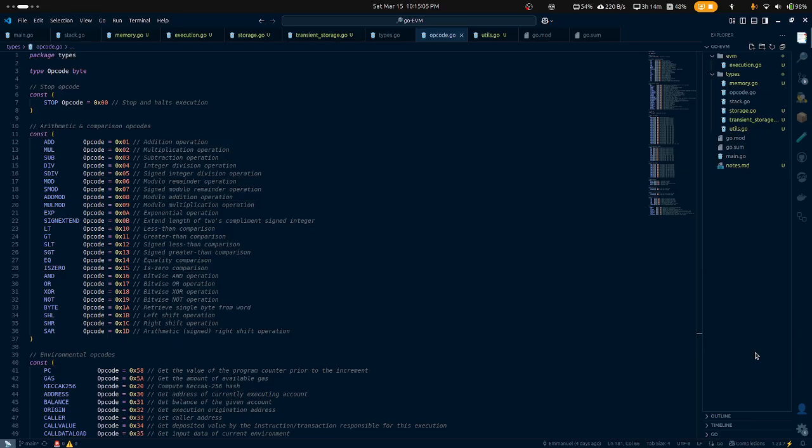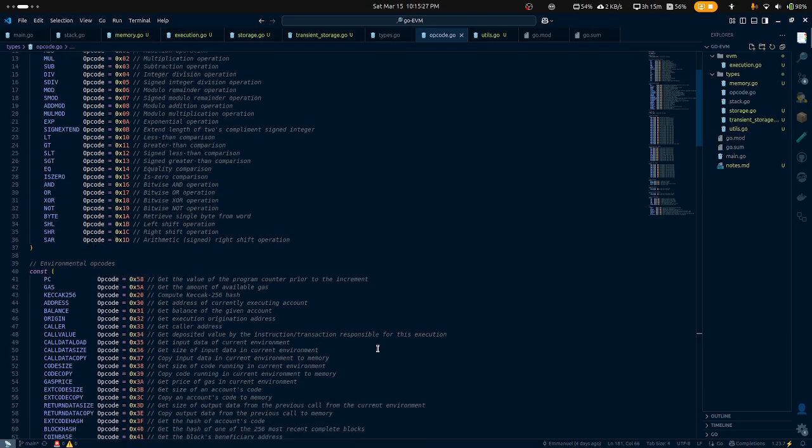So today's session I'll be talking about the EVM, which is short for the Ethereum Virtual Machine. I'm just sharing my weekly progress. So far I've been working on the Ethereum Virtual Machine.